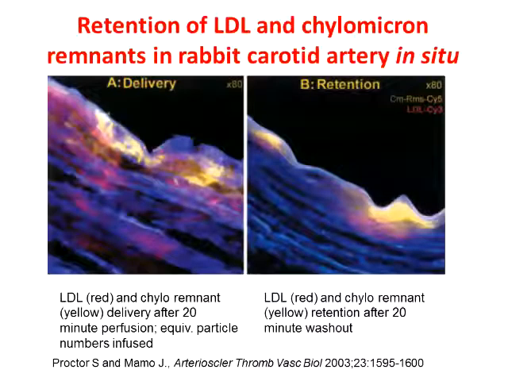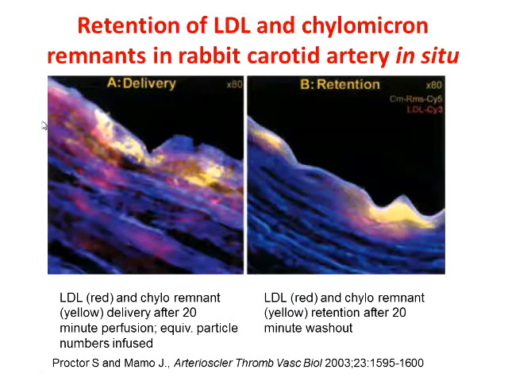And then another study from Spencer Proctor, who's a professor at the University of Alberta now, and his colleague John Mamo in Australia also infused labeled LDL, which shows in the red color here, or labeled chylomicrons, which show in the yellow color here. So they infused live rabbits with these particles, and then 20 minutes after perfusion, they isolated the carotid arteries.